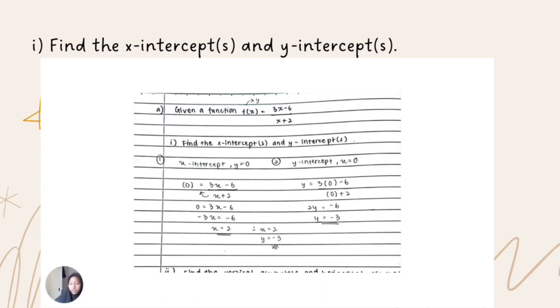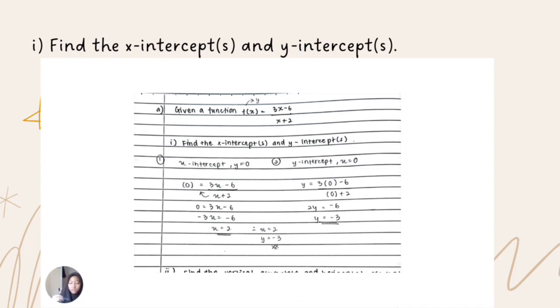For question A, given a function f(x) equals (3x minus 6) over (x plus 2), find the x-intercept and y-intercept. The first step: when we want to find the x-intercept, y is equal to 0. So f(x) is y equals 0, equals (3x minus 6) over (x plus 2).